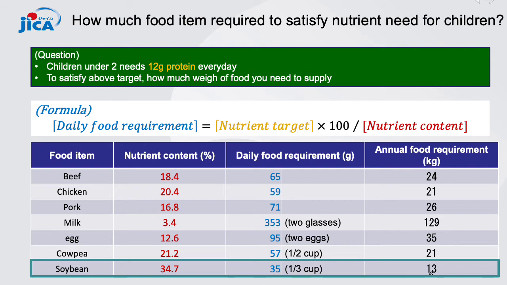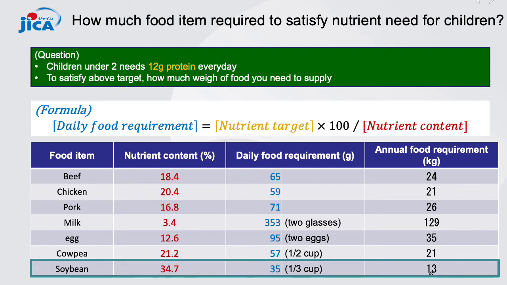And 353 gram is roughly, I can say, 2 glasses. So 2 glasses of milk every day can satisfy children's need. And in case of egg, 95 gram, meaning 2 eggs every day. Cowpea, 57 gram, and soybean, 35 gram.